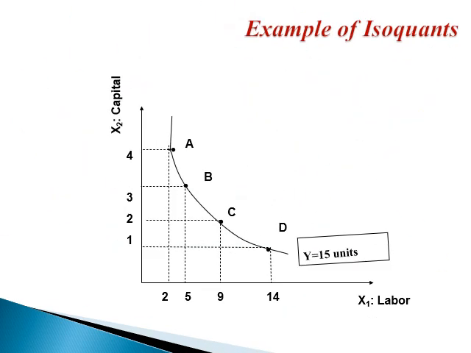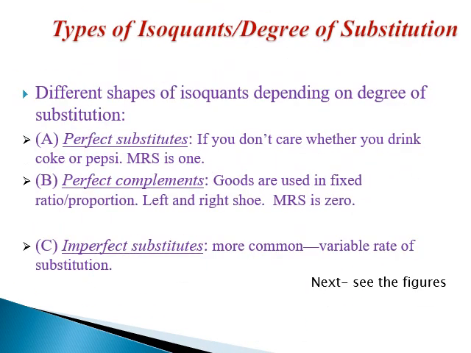This is how the curve looks. Remember, we have variable inputs, labor and capital, and these are different combinations that could produce the same level of output. The one that we saw before is the classical isoquant that corresponds to the classical production function that we know.